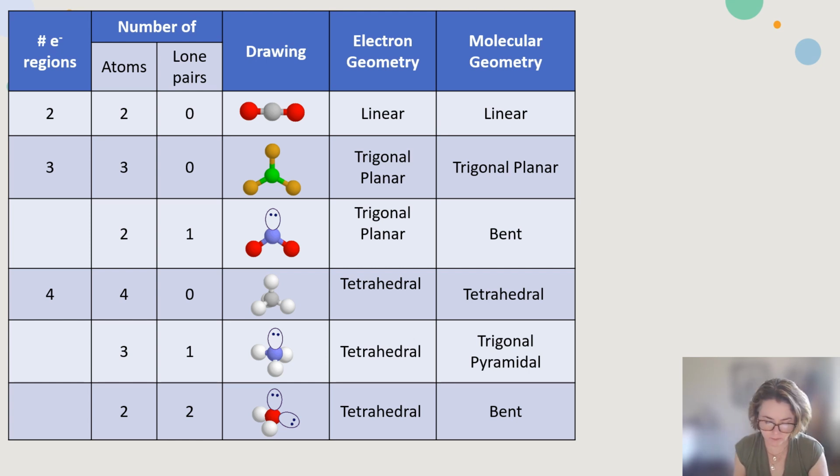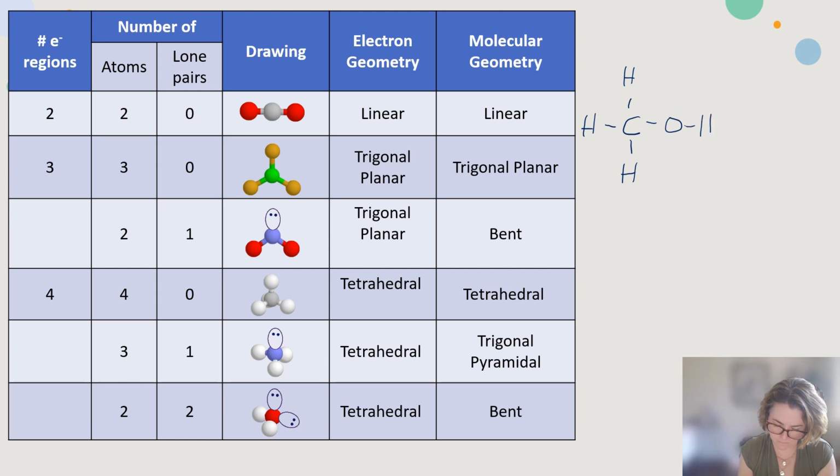All right, so let me draw the Lewis structure for our example. So I have carbon that is bonded to 3 hydrogens. And that carbon is also bonded to an oxygen that is connected to a hydrogen.